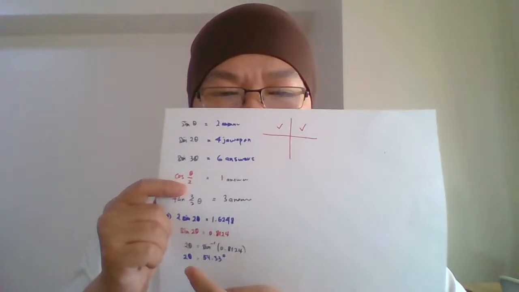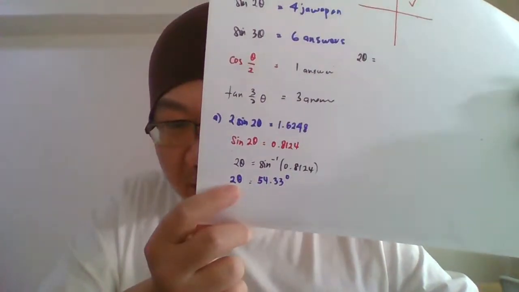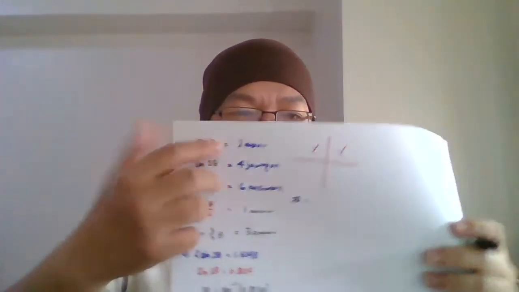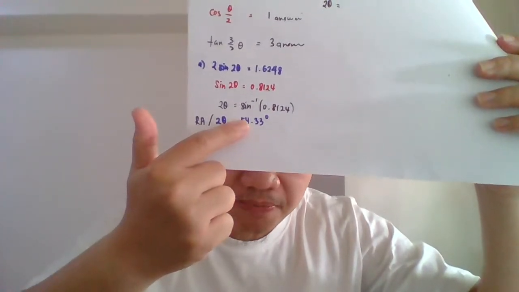So what do we need to do next? Therefore, 2 theta equals, for the first quadrant, how do we get it? This is the first quadrant here. The 2 theta actually is your RA, your reference angle. When we talk about first quadrant, automatically look at your RA. How much is your RA? 54.33.